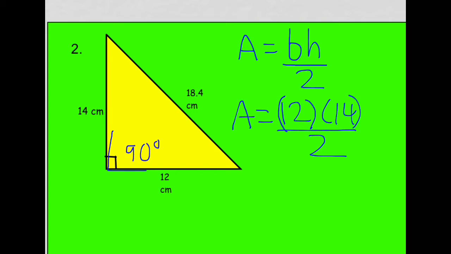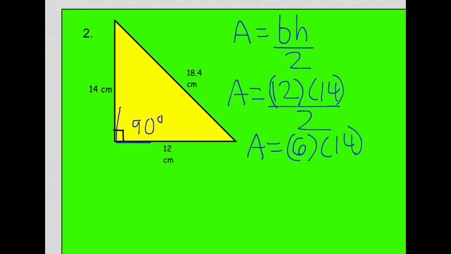But you don't have to do that. You could do 14 divided by 2, or you could do 12 divided by 2, and simplify this fraction first. So I think I'll do 12 divided by 2. So 12 divided by 2 is 6, so I'm going to have A equals 6 times 14.